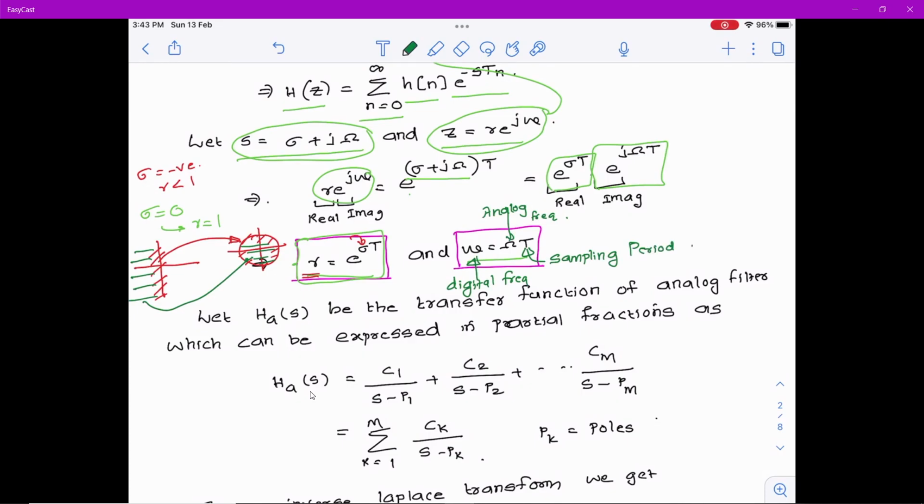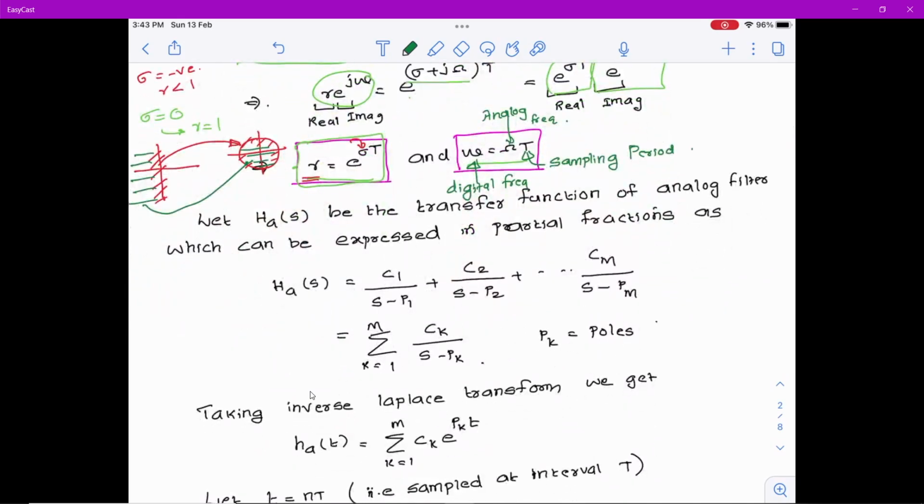Okay. Now, how will I use this knowledge to design the filter? Let HA of s be the transfer function of the analog filter. Any transfer function can be expressed in partial fractions, as a sum of ratios of terms.